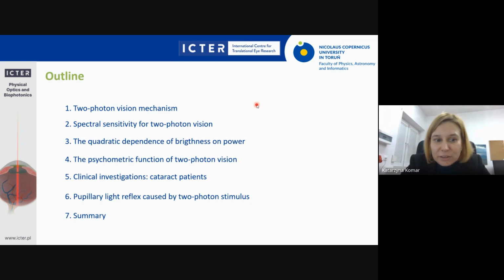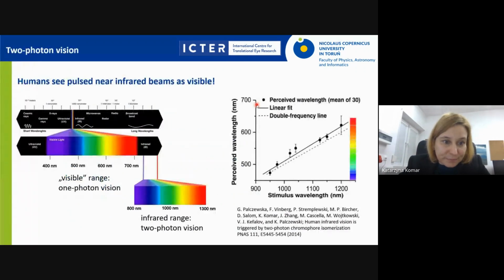At the end of the talk, if it isn't too long, I will also show you some results about the pupil light reflex caused by a two-photon stimulus, and I will summarize my talk at the end.